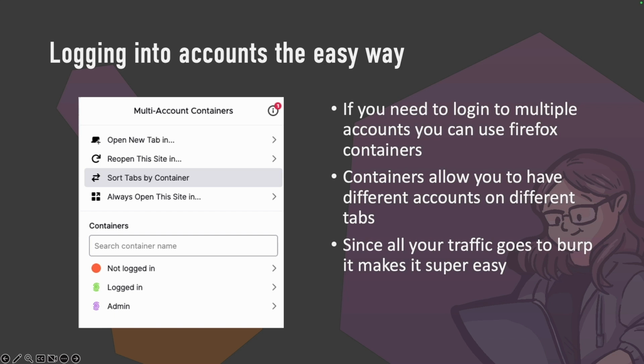The idea is that it lets you log into multiple accounts at once and all your traffic goes through Burp anyway. On one tab, you're logged into account 1. On your second tab, you're logged into account 2. And you're going to check whether or not you can access account 1's resources while on account 2's tab. We'll be doing a demonstration, so I'll show you what this looks like in practice.